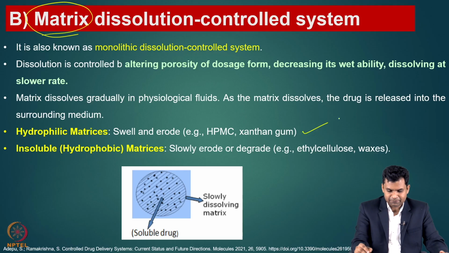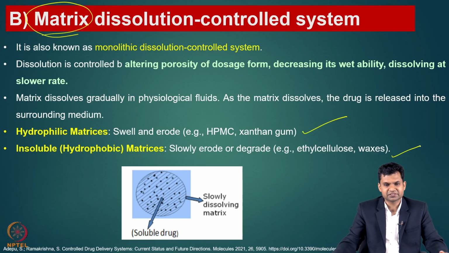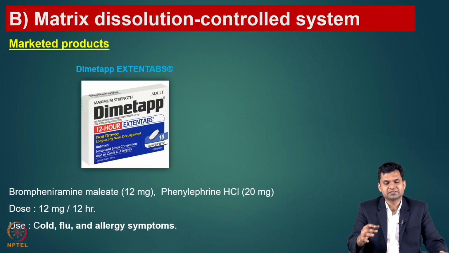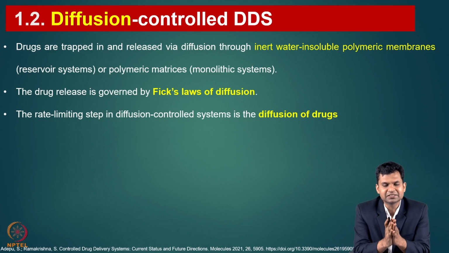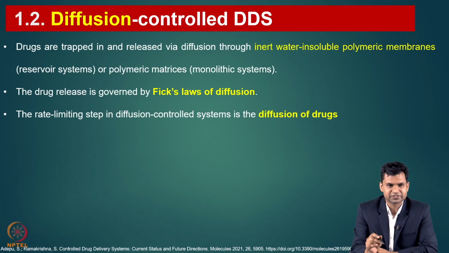These are some examples we have seen in our previous lectures, and this is one market product for the matrix dissolution control systems. Today we are going to discuss another release mechanism that helps to design control release formulations.